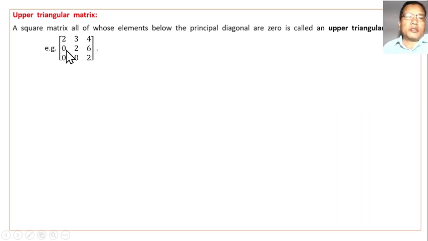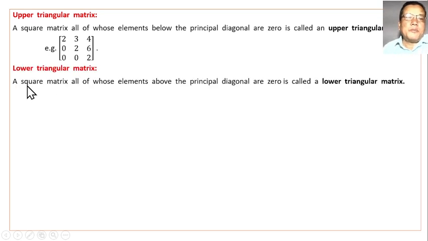Lower triangular matrix: a square matrix all of whose elements above the principal diagonal are 0 is called a lower triangular matrix.